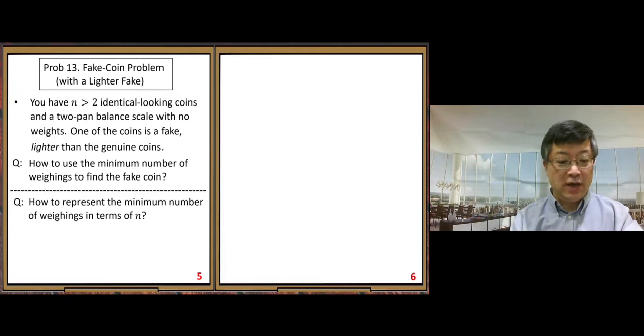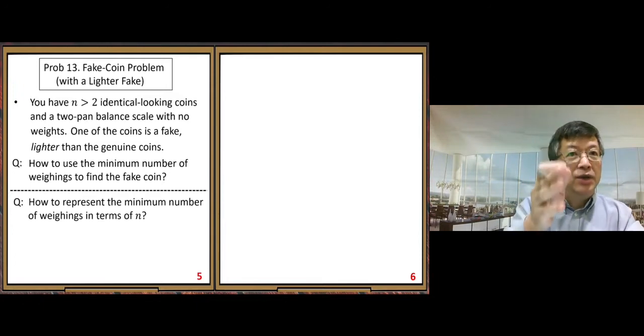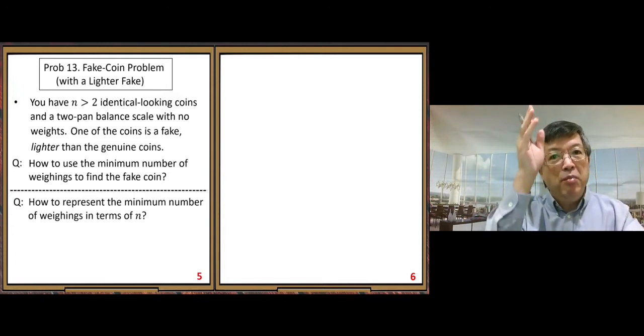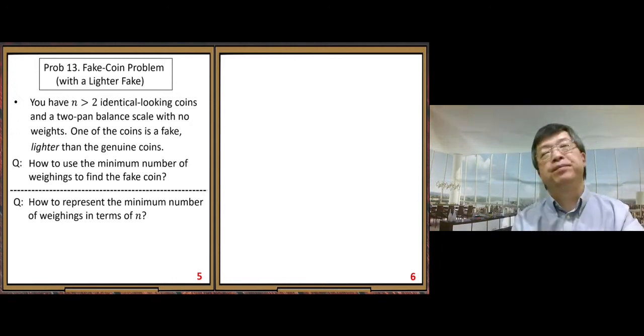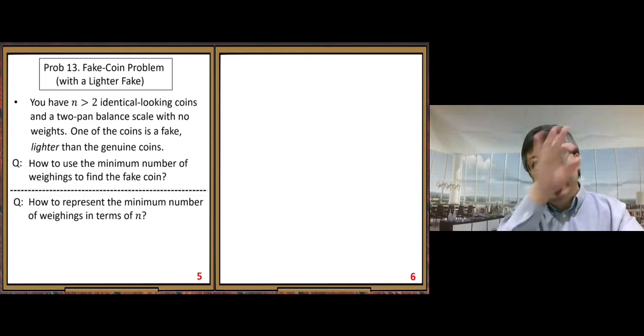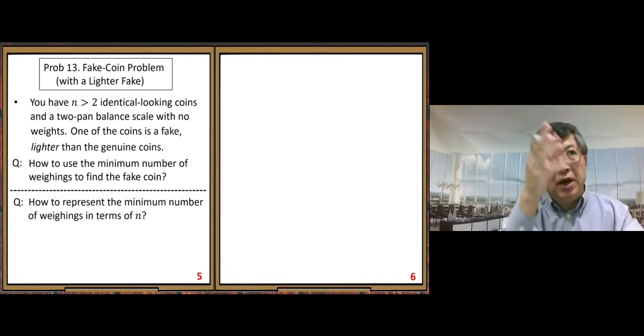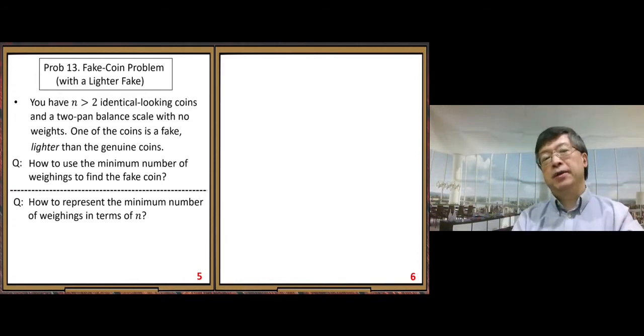So let's do that part. How to represent the minimum number of weighings in terms of n? How many rounds of weighing to find the fake?